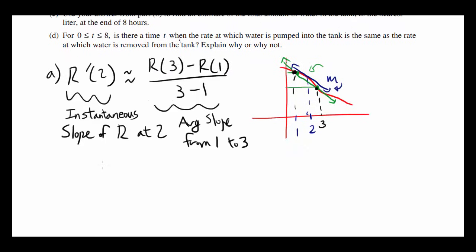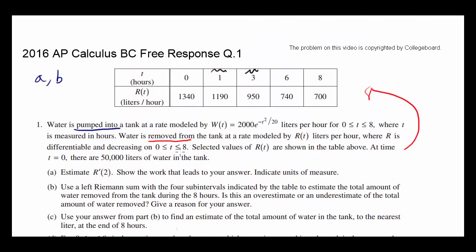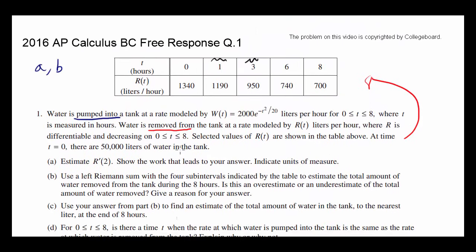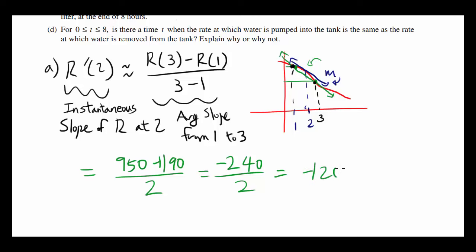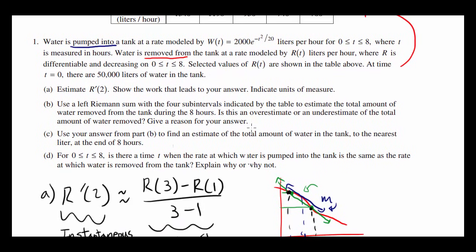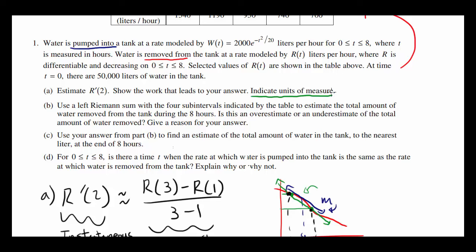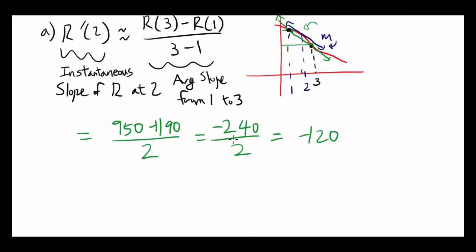Now, what is this? Well, R of 3 is 950 and R of 1 is 1190. So it's 950 minus 1190 over 3 minus 1, or 2. What does that come out to be? Negative 240 over 2, or negative 120. It says to indicate units of measure, so make sure you put down the units.